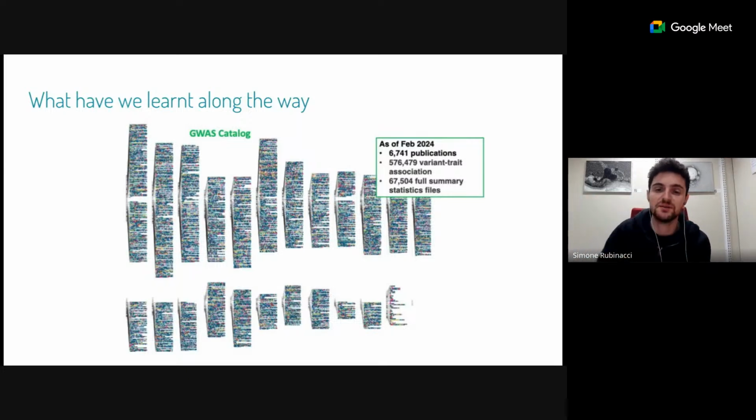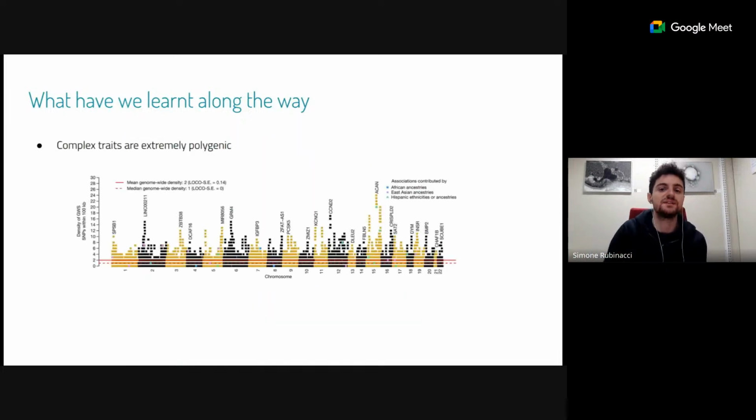Another thing we have learned is that complex traits are just complex. For many human traits, larger GWASs have pointed us to more genetic variants that associate with tinier phenotypic differences.